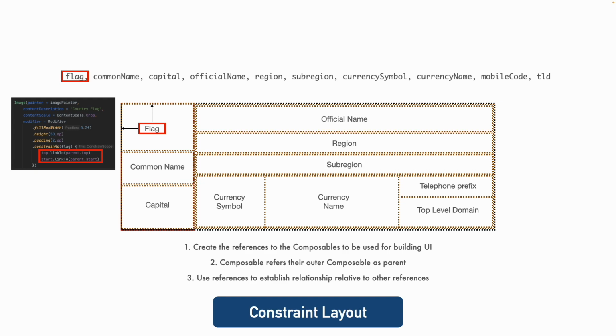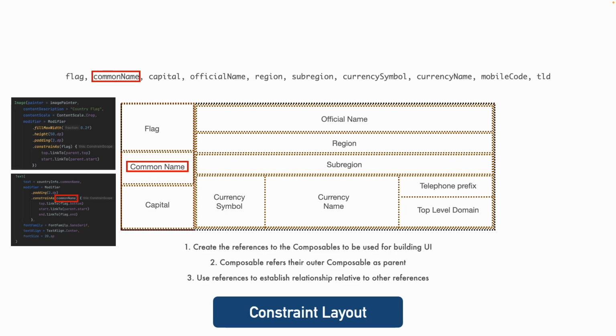I can use the same methodology to set the remaining elements. For example, if you look at common name, it also has a reference, that is commonName, and we are using that as a parameter to the constrainAs lambda function. So once we have set the ID commonName to the text element, inside that lambda body we set the logic of how we want to set it.